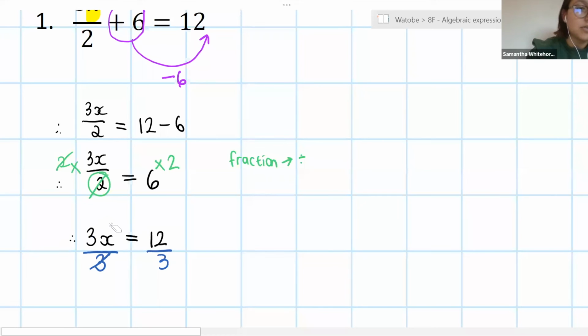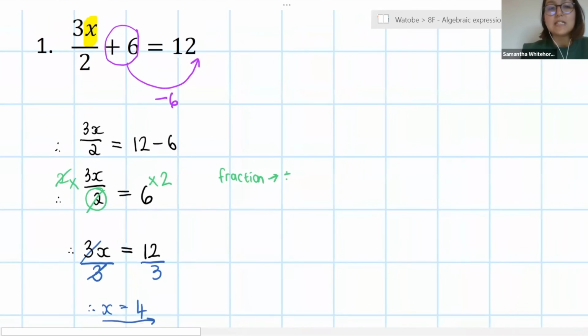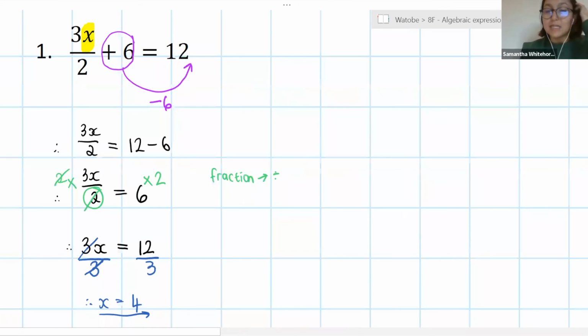And so I've got x is equal to 4. What's really important when we have fractions is that the way to get rid of the denominator is to multiply away, because the denominator represents division, and so the opposite operation is multiplication. That is how I get rid of the denominator.